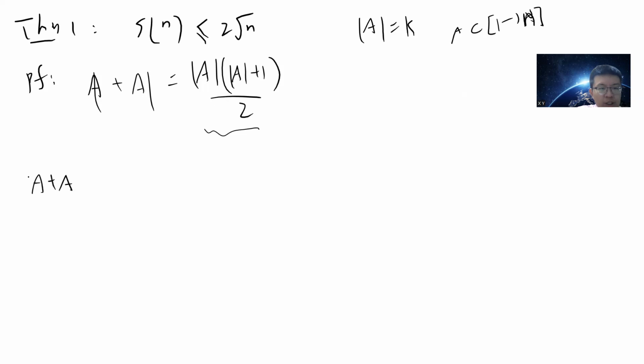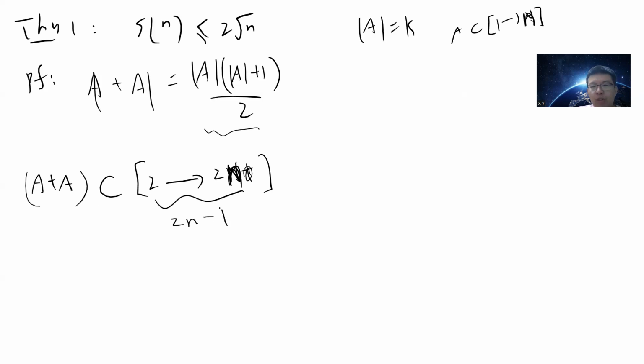your A plus A as a set must be a subset of 2 to 2n, because you have like n plus n at most. So your A plus A must be a subset from 2 to 2n, and these are 2n minus 1 numbers.